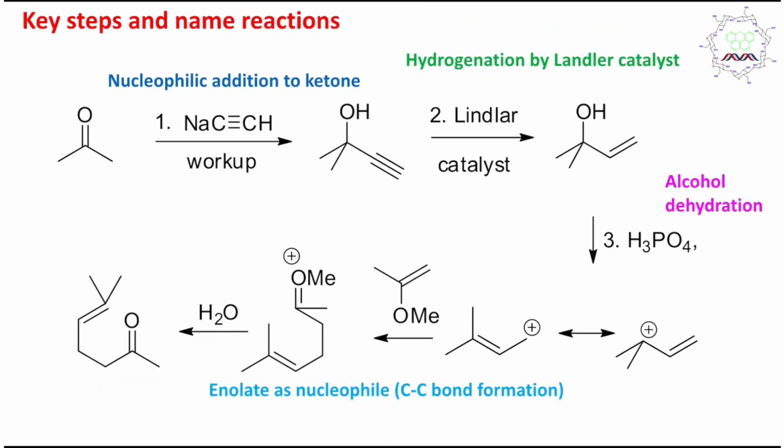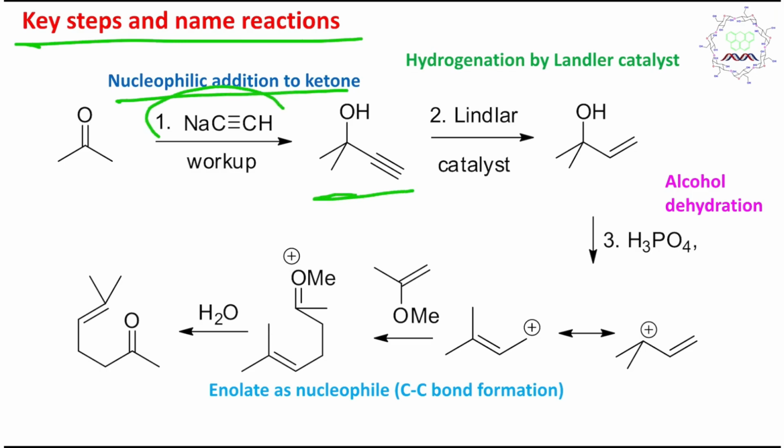Now, if you look at the name reactions associated with this, the first step is nucleophilic addition to ketone to get this propargylic alcohol, and remember this sp hybridized carbon is significantly acidic, that's why such alkynate salts could be produced. The second step is hydrogenation of alkyne selectively to alkene by Lindlar catalyst.